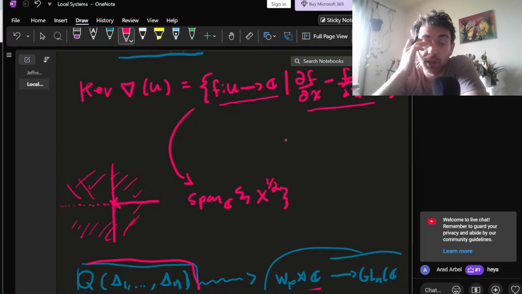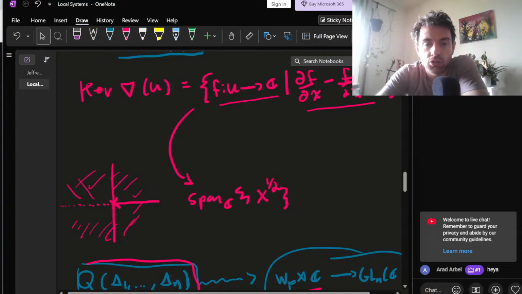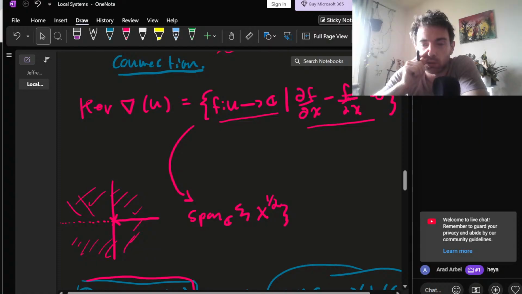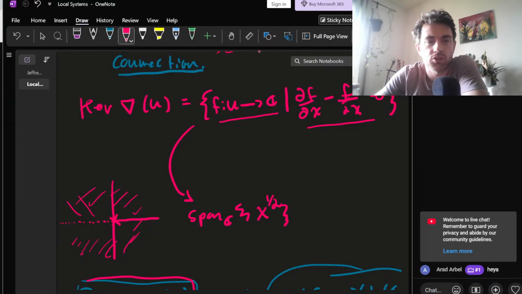So, yeah. And so the point is, though, this recovers a local system. In particular, it's locally constant, right?